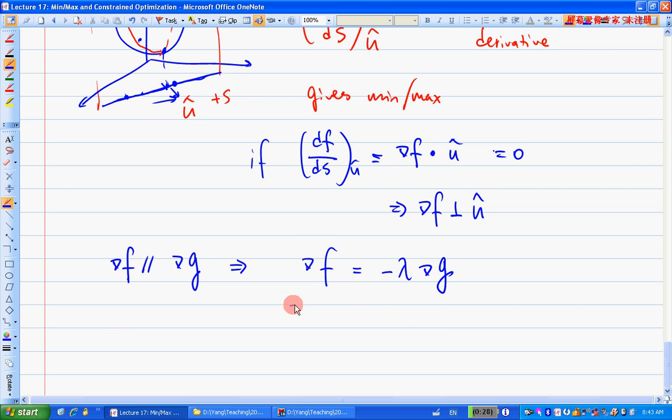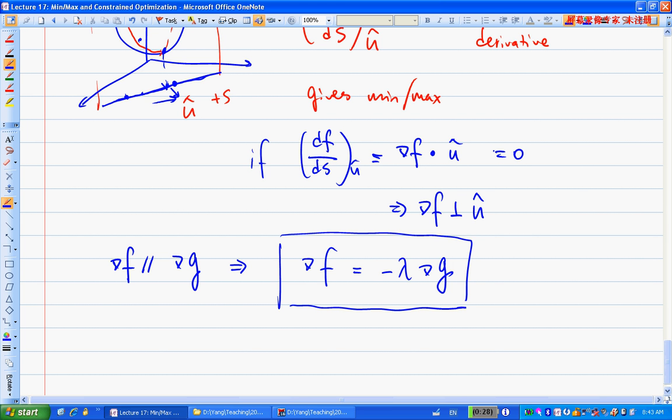So all of the talking here, for constrained optimization, essentially comes down to this box. How do I know where the critical point is? At the critical point, what is satisfied?